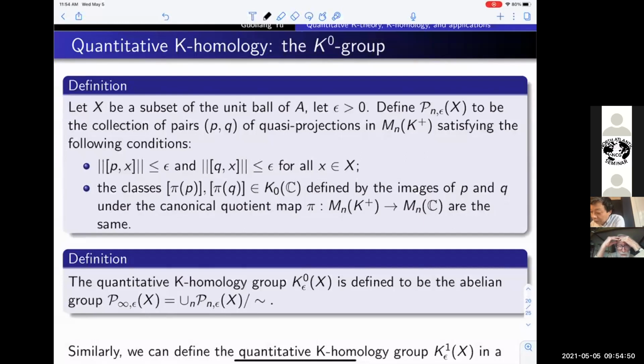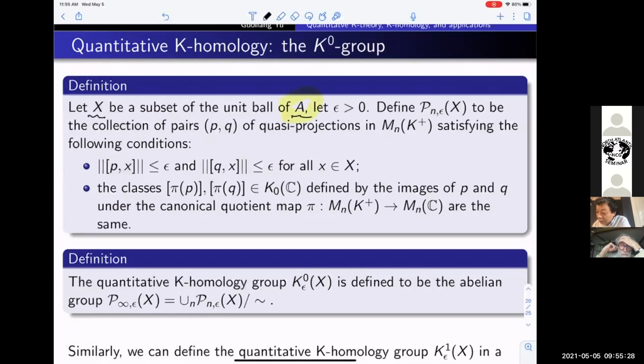Instead of using the language of geometric C*-algebras, I now just choose a subset X, which you can imagine is a finite subset, because for K-theory purposes we only want to understand a finite subset. I'm going to define quantitative K-homology for a finite subset. X is not even an algebra. A is a C*-algebra.